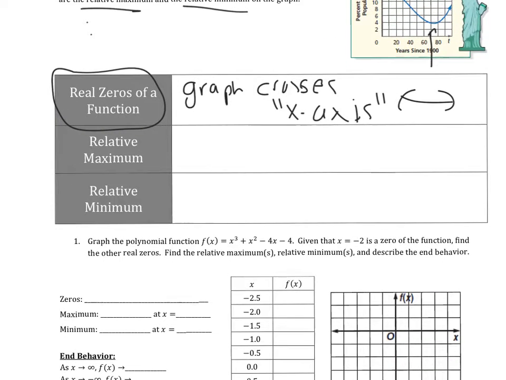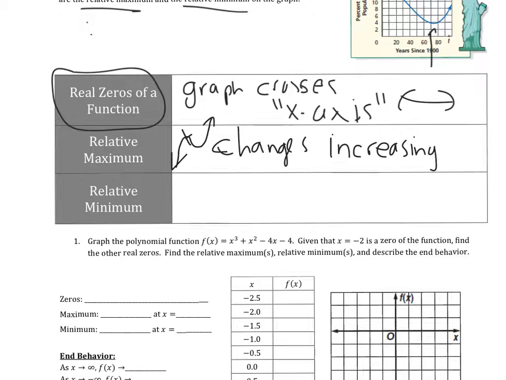The relative maximum is if the graph looks something like this. This is going to be a relative maximum, where it changes direction from increasing to decreasing.